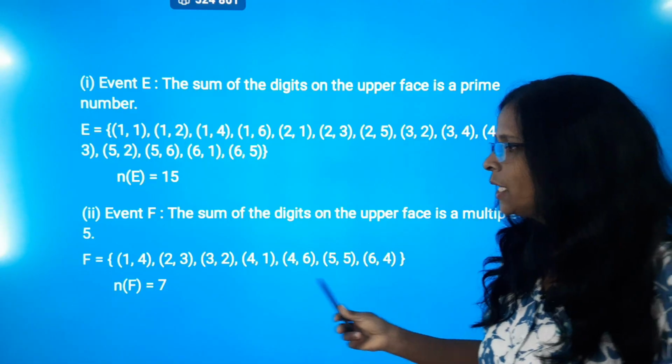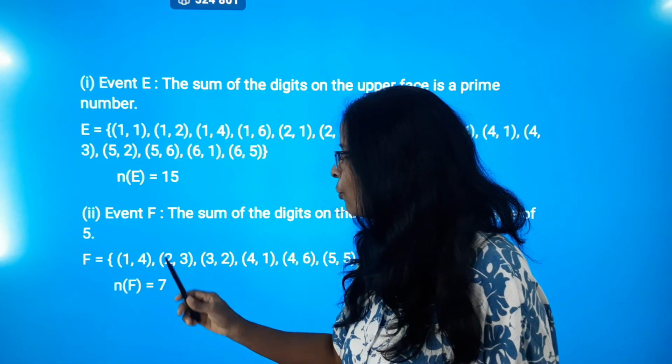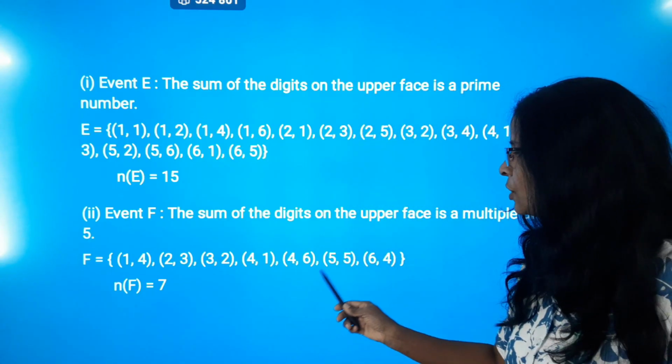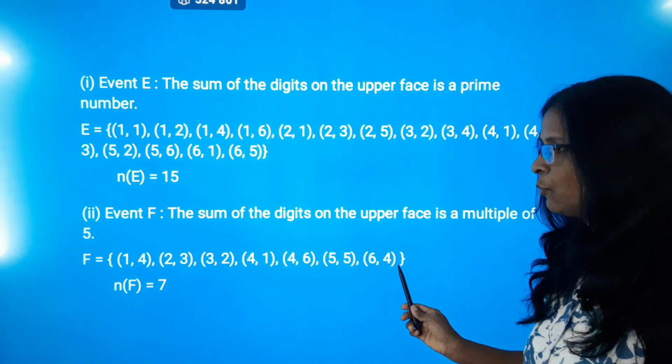Okay, so now F is equal to {(1,4), (2,3), (3,2), (4,1), (4,6), (5,5), (6,4)}.